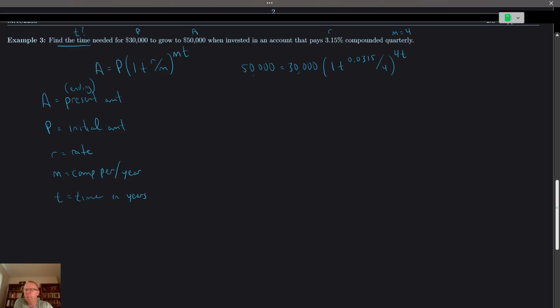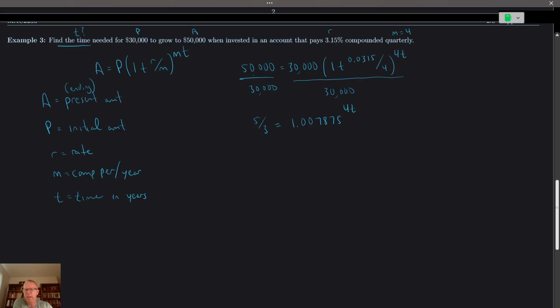Okay, so this looks pretty complicated. It's really not much different than the typical exponential equation that we've been looking at. So first, let's divide by 30,000. So we get 5/3. We'll just leave that the way it is for a minute. 1 plus 0.0315 divided by 4 is 1.007875 to the 4t.